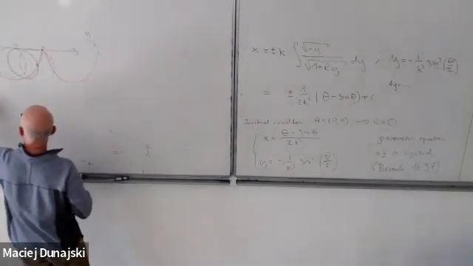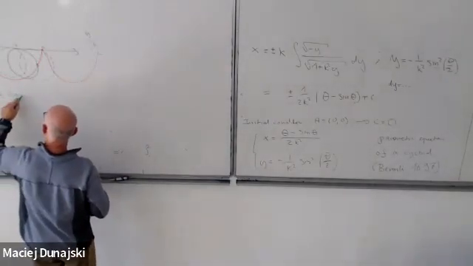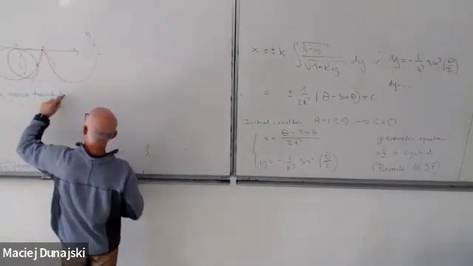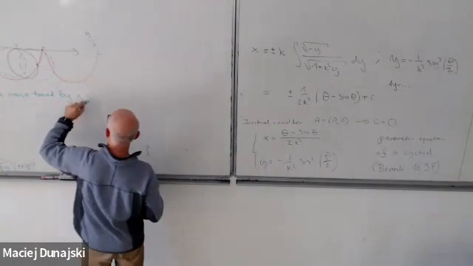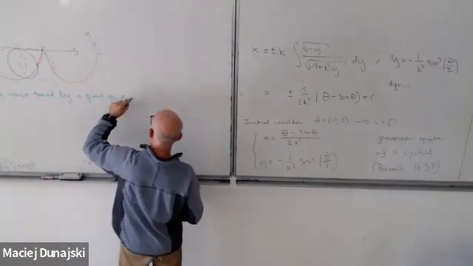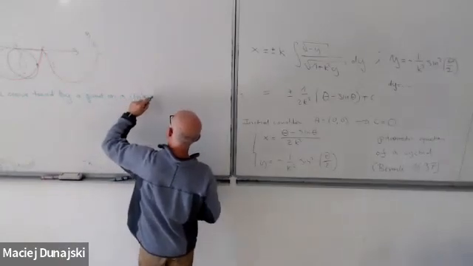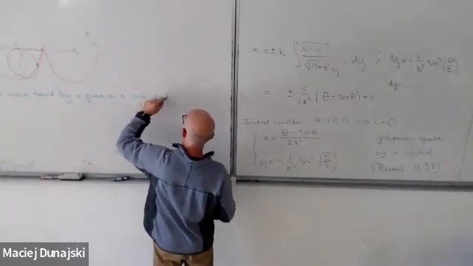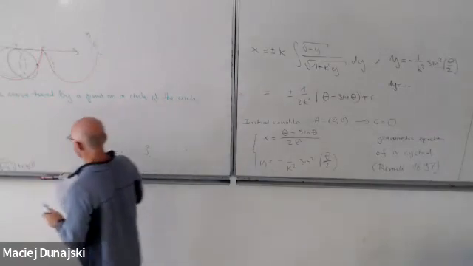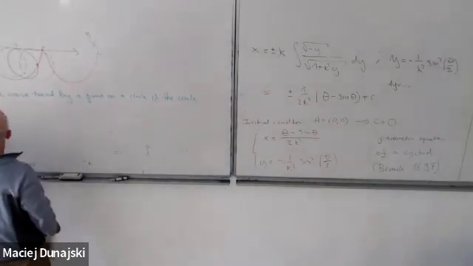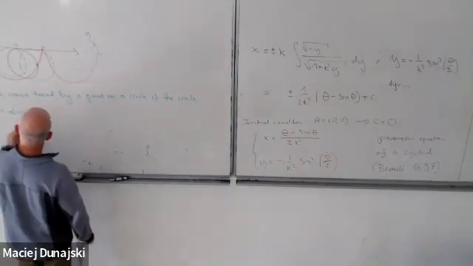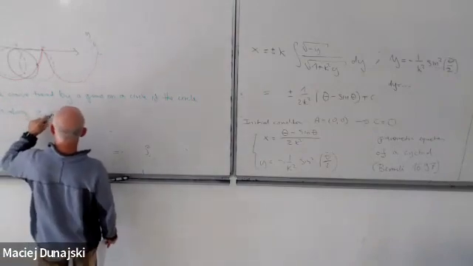The curve traced by a point on a circle, if the circle rolls along a straight line.